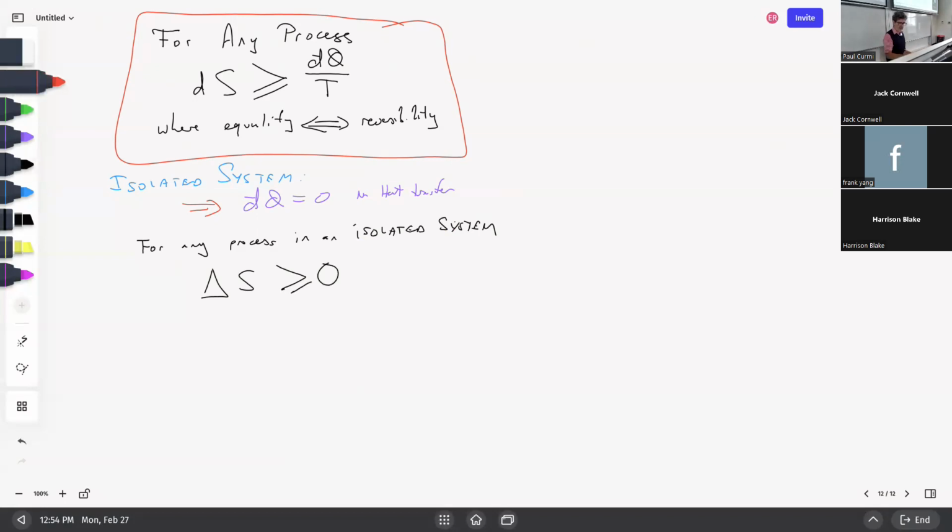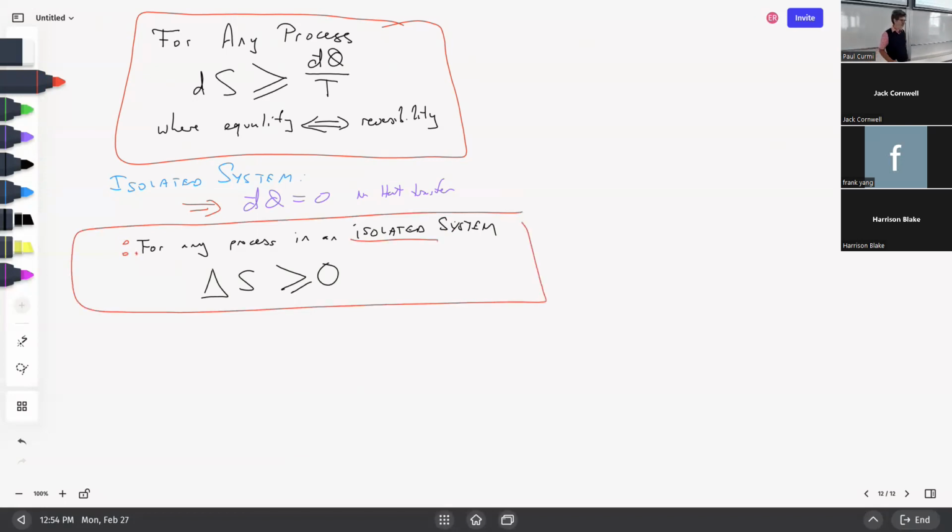Okay? So basically, entropy will increase, and this is basically the second law. Any questions on any of that?